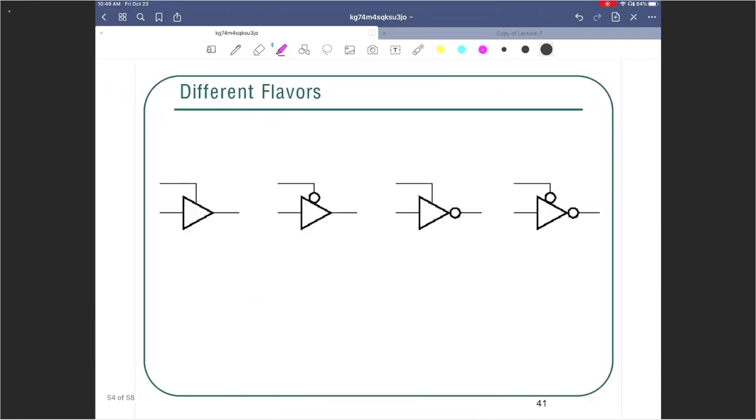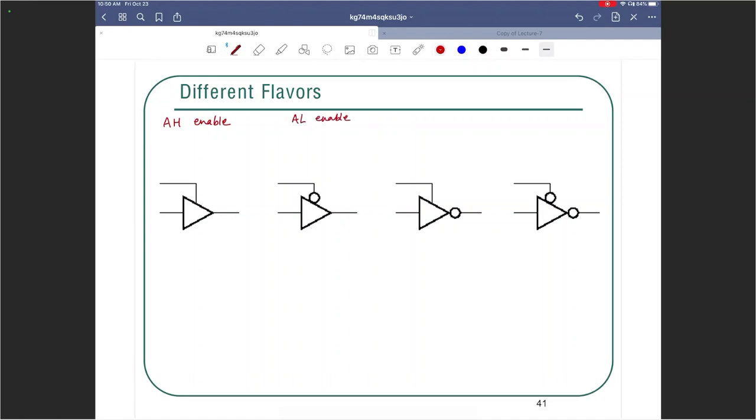All right, there are different flavors of the tri-state buffer, and it has to do with active low and active high combinations. So for example, for the first case, we have active high enable, and for the next case we have an active low enable.